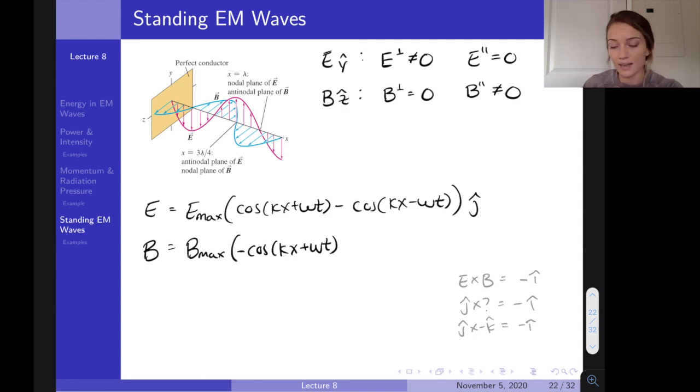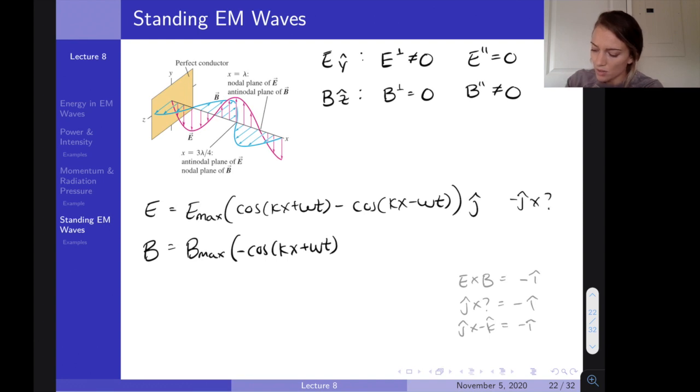So this cosine actually gets a negative, because this wave traveling in the negative x direction has an electric field oriented in the j hat direction, so the magnetic field has to be oriented in the negative k hat direction to get the proper direction of travel when you do E cross B. Now we do the same thing for the other portion of the wave, where the electric field is in the negative j, since this was negative j.